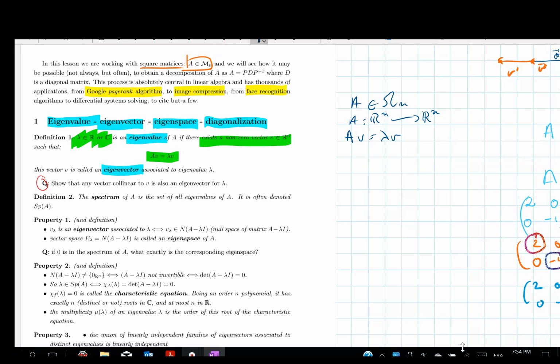Okay, so have you done that? Have you been able to see that? So let's see. I've got V, my eigenvector associated to eigenvalue lambda, and I take some vector, let's call that W, which is collinear to V.